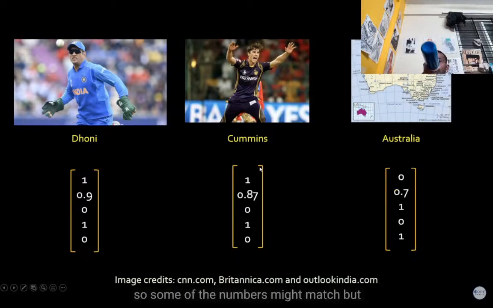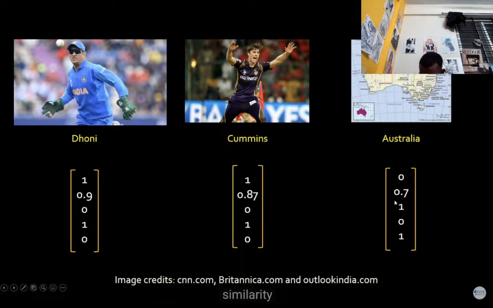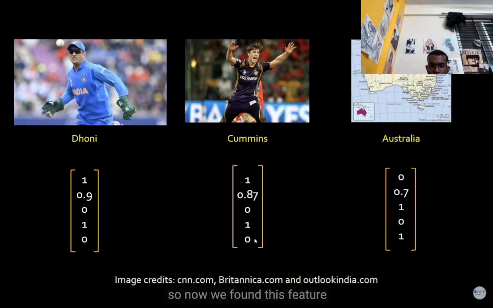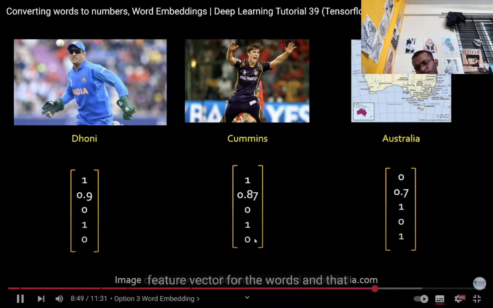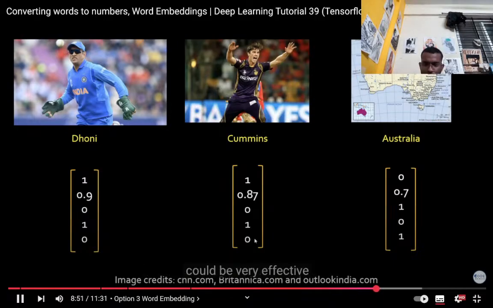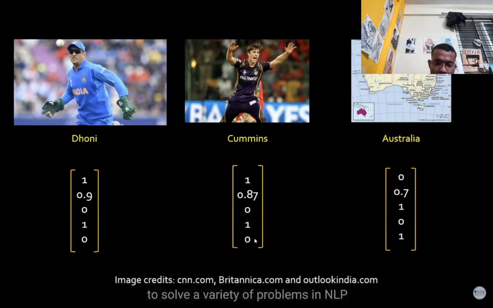Yeah, so some of the numbers might match, but the entire vector, if you compare the similarity, it is not very similar. So now we found this feature vector for the words, and that could be very effective to solve a variety of problems in NLP tasks. And this is basically word embedding.